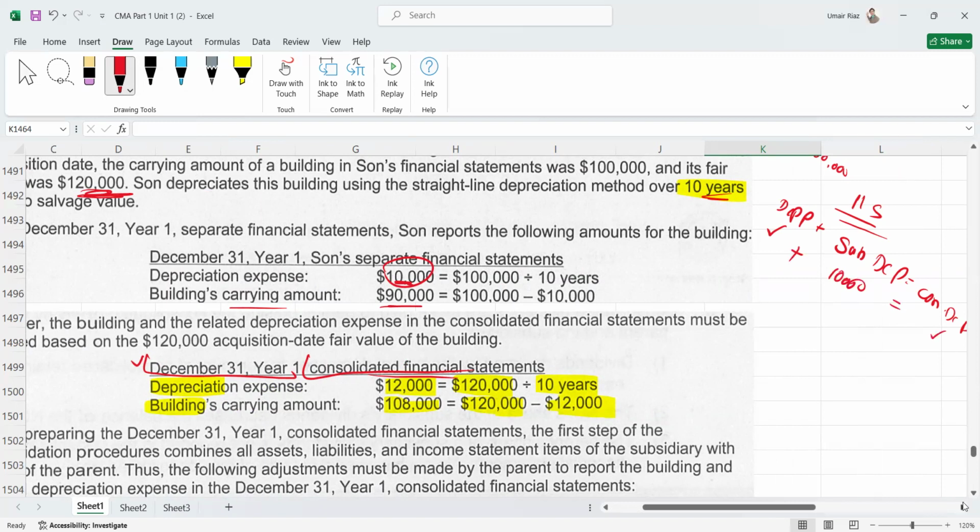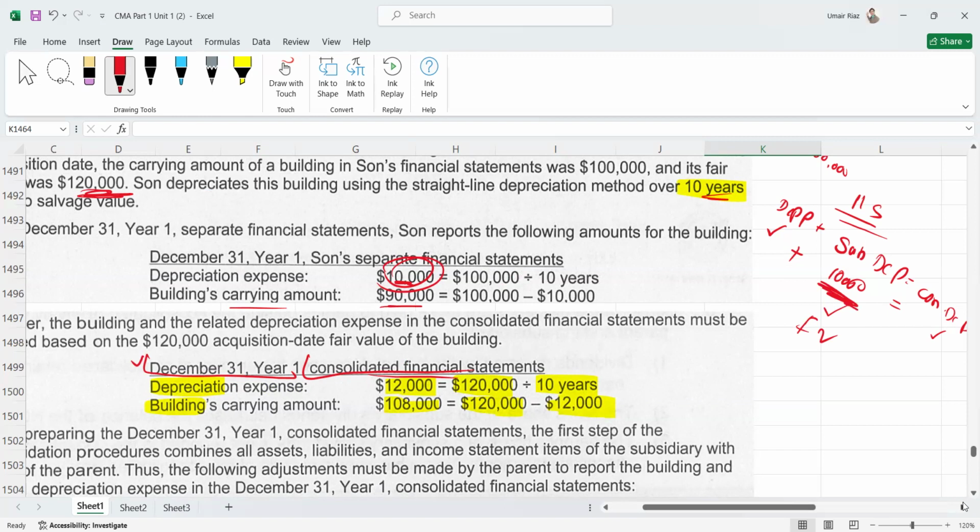But in these figures we have already added 10,000. Now technically you have to think this depreciation should have been based on the fair value. The subsidiary's depreciation should have been added in the consolidated financial statements based on fair value, but this 10,000 is already added based on the old carrying amounts.